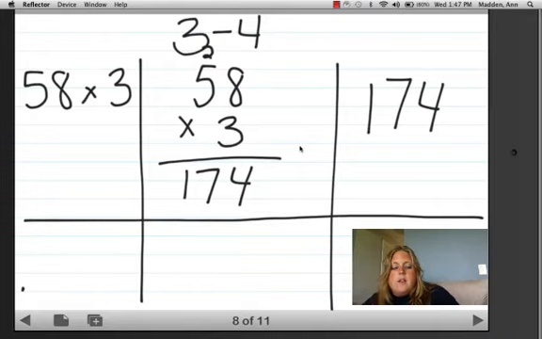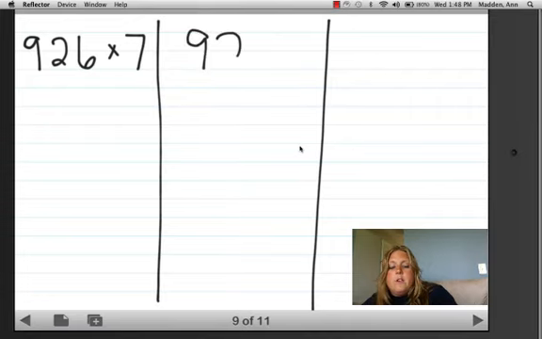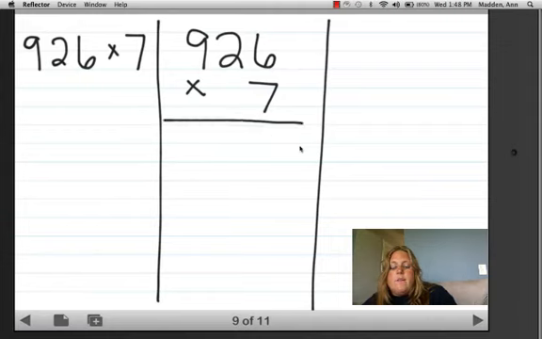Draw a line to start your next problem. You would start it down below right here. I need to jump to my next page. 926 times 7.